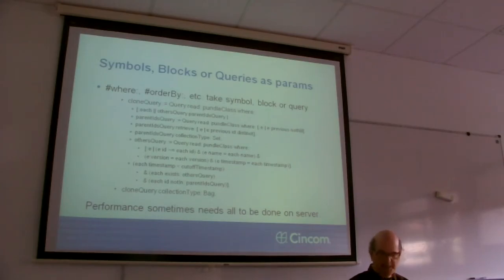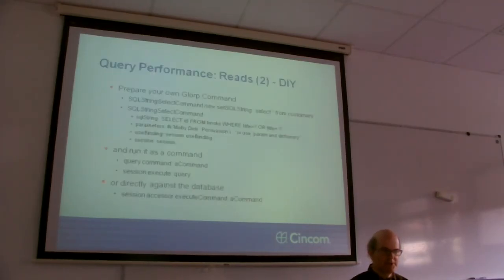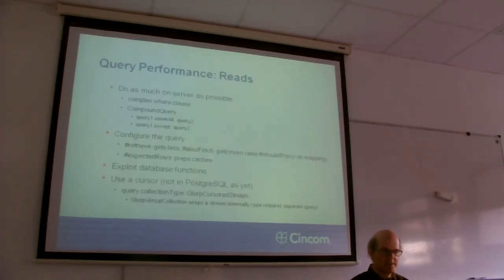That's extremely useful, and obviously that relates to the first line: do as much on the server as possible. If you want performance, there are things that SQL can do which you don't want to go to the server 10 times for bits of stuff that you then process in VisualWorks. You want to write one really complex query, send it to the server, and just get the data you want back.